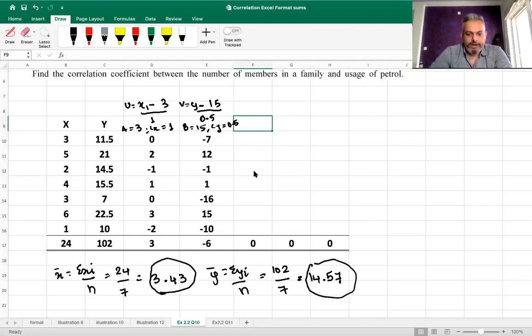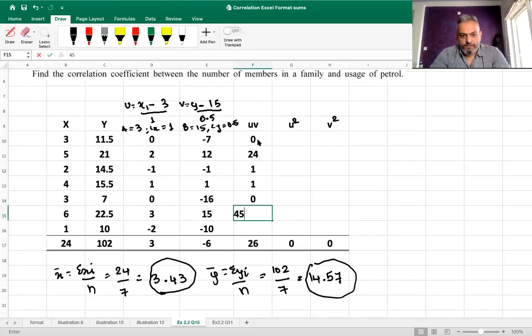Now you can directly do uv, u square, v square. So uv: 0, 24, minus 1 into minus 1 plus 1, 1 into 1 plus 1, 0, 45 and plus 20.